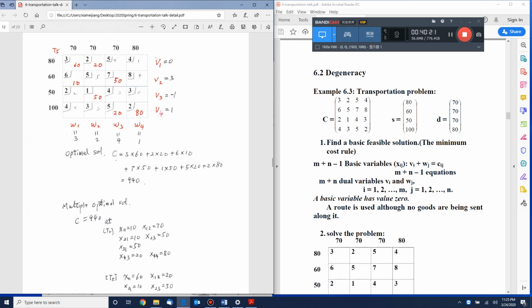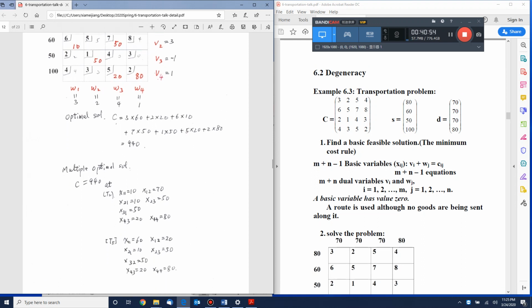It's the same as when we choose x31 as a basic variable with the 0 value, right? The same value. So you could see the basic variables are different, but the cost is the same, right? The objective function has the same value, but we have different basic variables. That means we have multiple optimal solutions here.